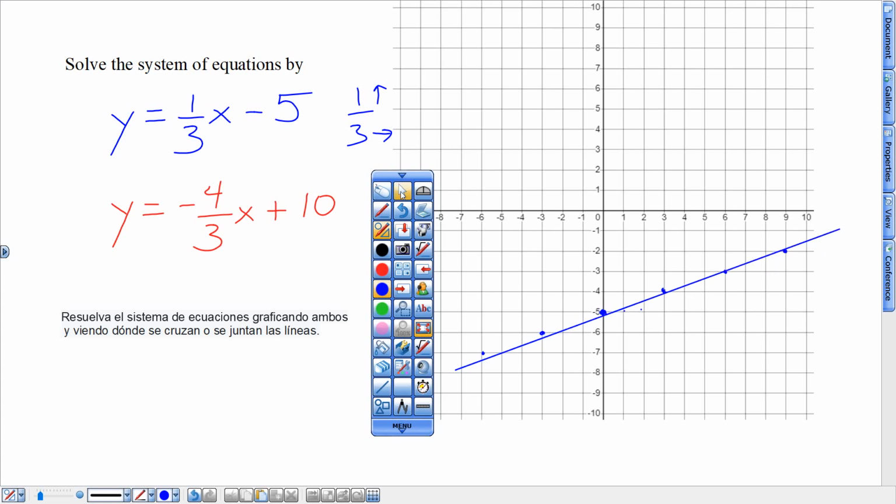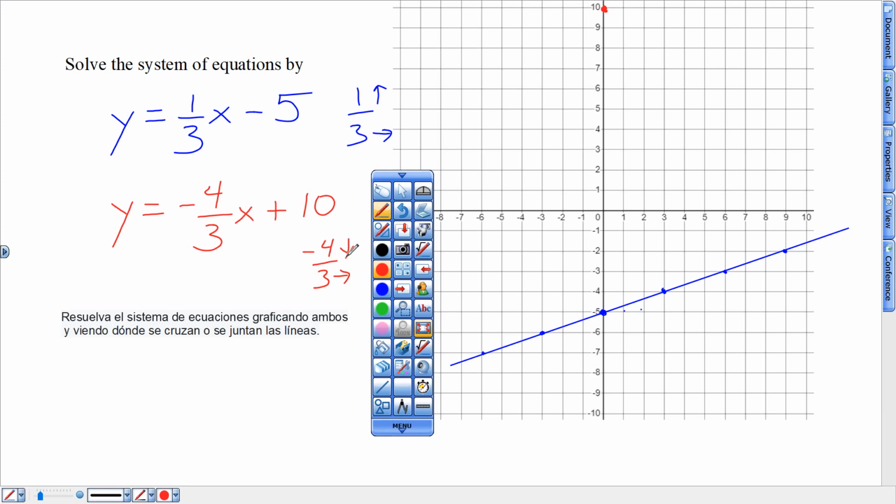And then for my red one there, I can see that that one's starting at positive 10 on my y-axis. So again, that number without any x or y attached to it, that's where I put my first dot on the y-axis. So that's going to start up here at 10. And then that one's slope looks like negative 4 over 3, right 3, down 4, right 3, down 4.